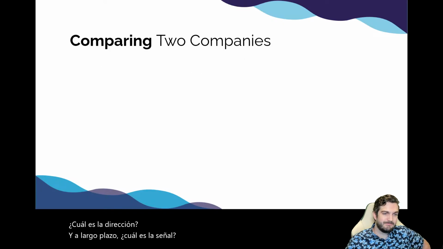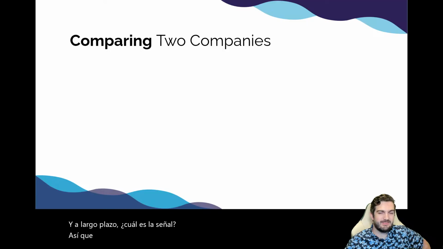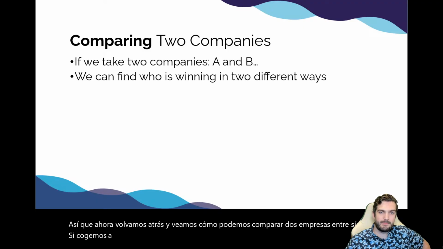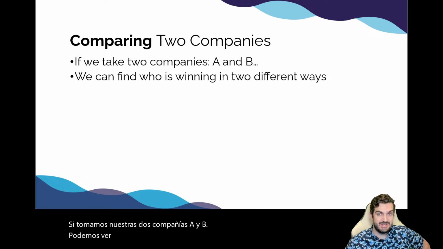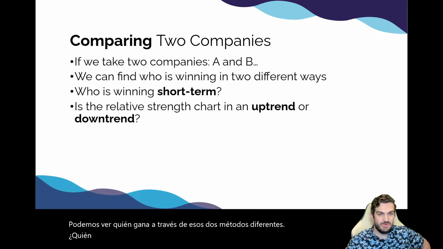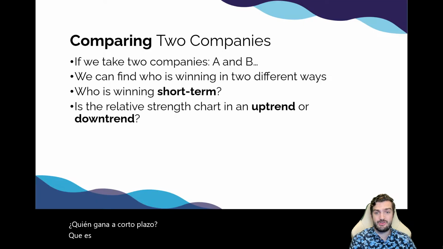So now, let's go back and see how we can compare two companies against each other. If we take our two companies, A and B, we can see who is winning through those two different methods. Who's winning short term, which is just, is the relative strength chart in an uptrend or a downtrend?